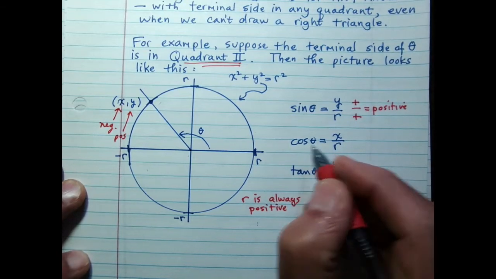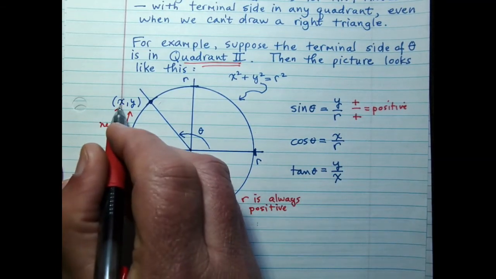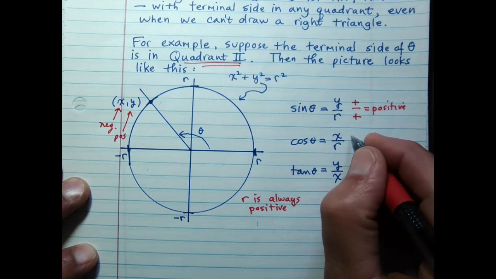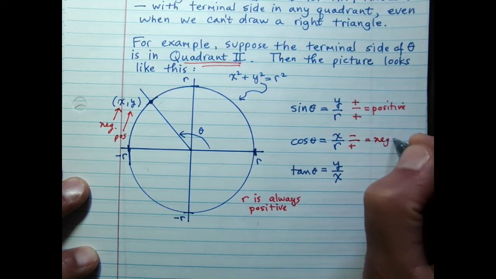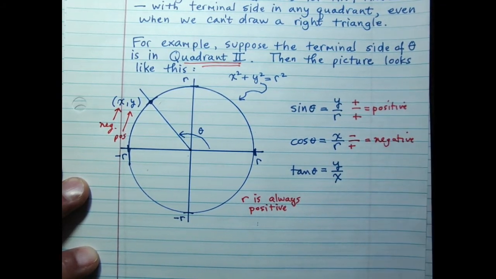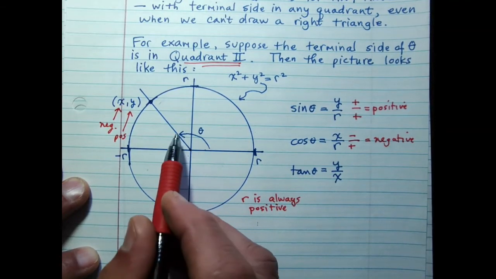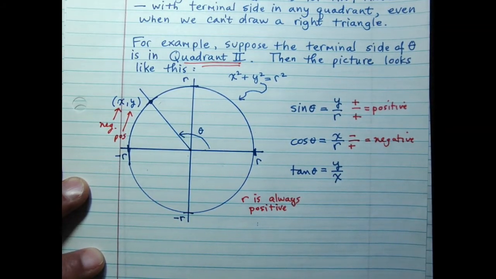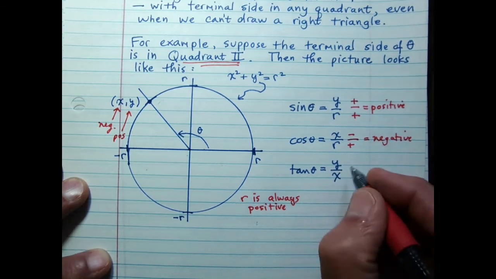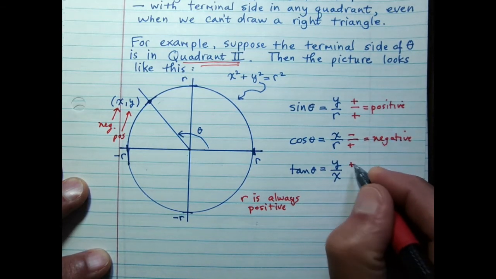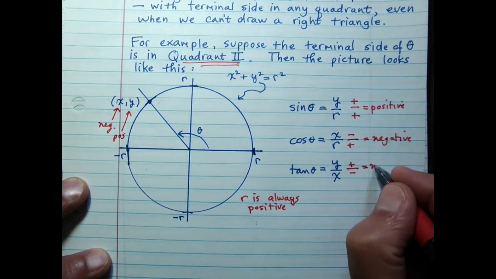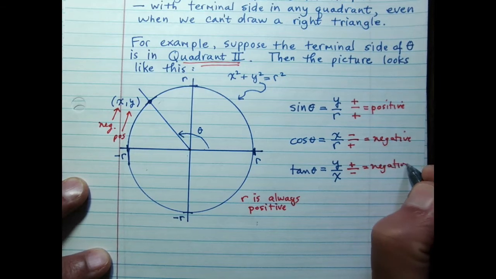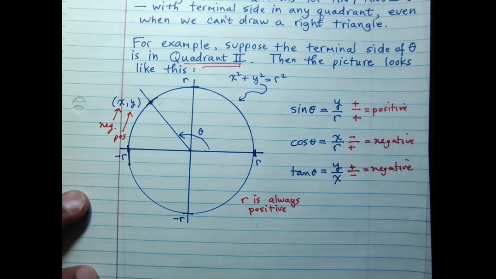But cosine theta, which is x over r, the x-coordinate is negative. We're taking a negative and dividing by positive r, so we're actually getting a negative value. So the cosine of this angle is a negative number. The tangent, which is y over x, that's going to be a positive divided by a negative, and that turns out to be negative. The tangent of this angle is also negative.